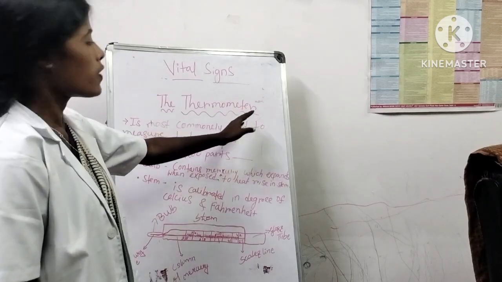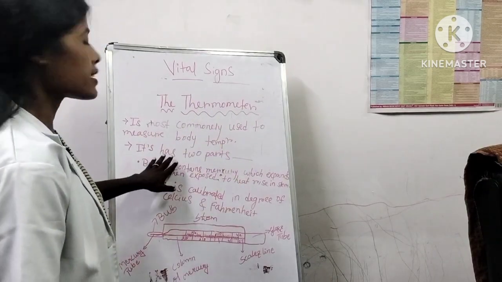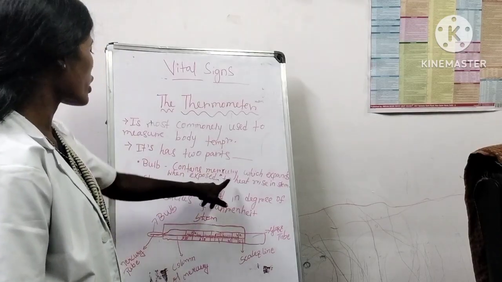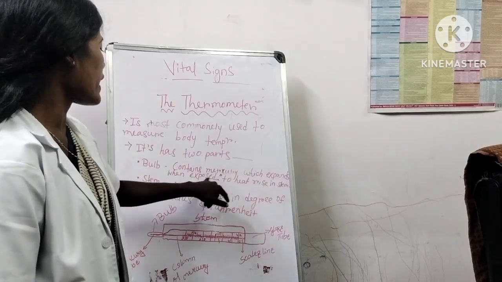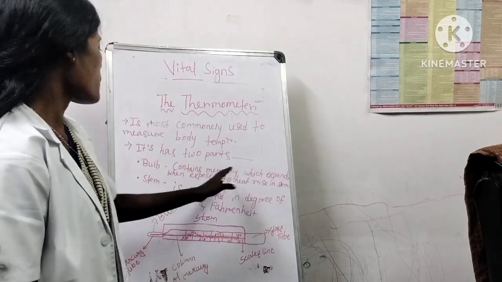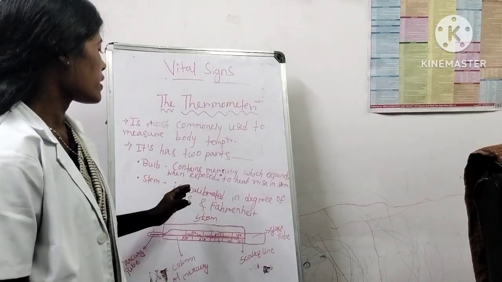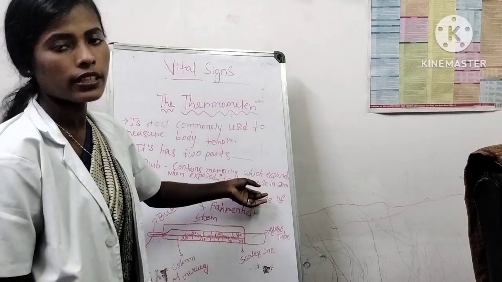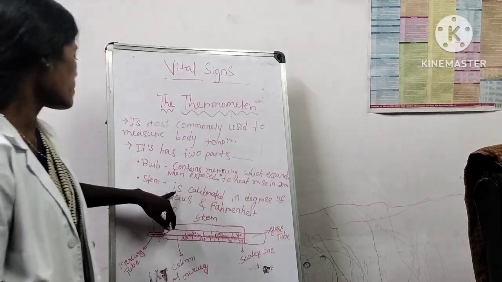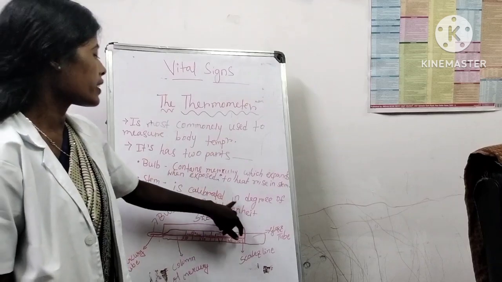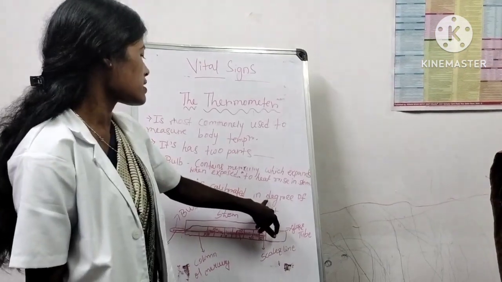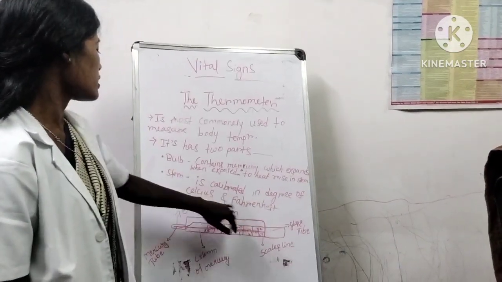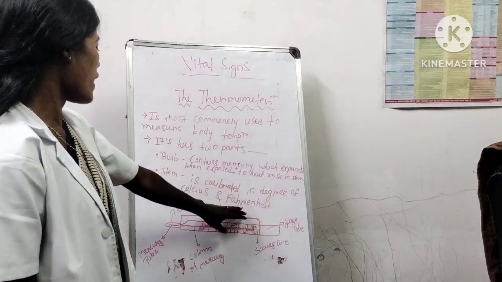It has two parts, bulb and stem. First, the bulb. The bulb contains mercury, which expands when exposed to heat and rises in the stem. Next, the stem is calibrated in degrees Celsius and Fahrenheit.